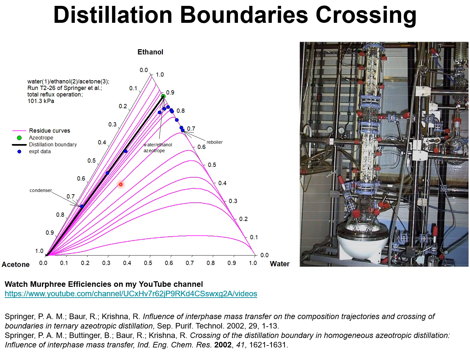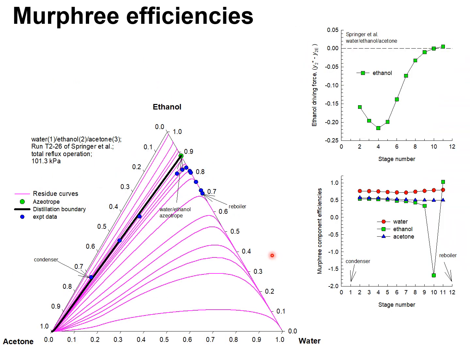In the actual conditions, we note that as we move up the column from the reboiler to the condenser, the compositions cross the distillation boundary. Mata and Springer examined 4 to 5 different mixtures in the distillation column shown in the previous slide, and I just show one set of experiments for the system acetone, water, ethanol.